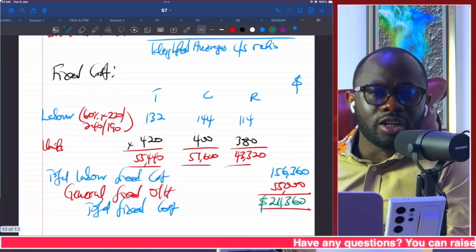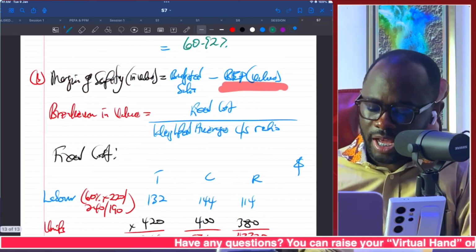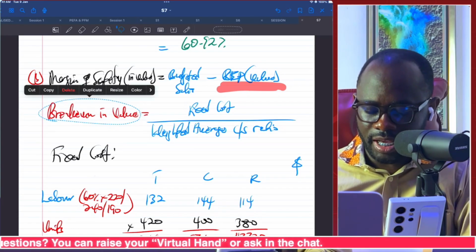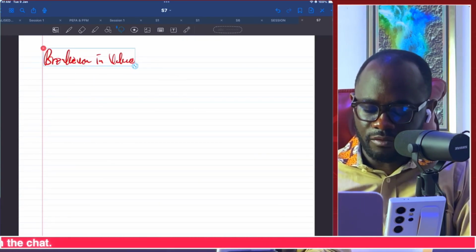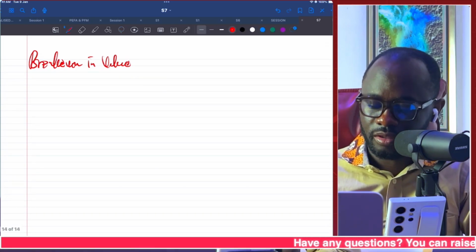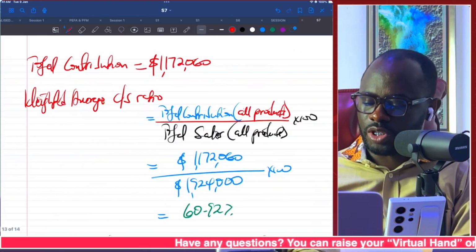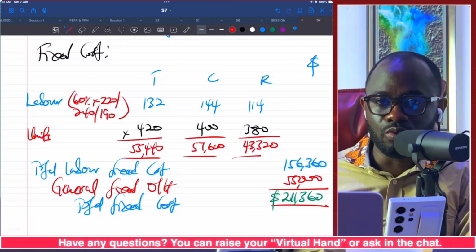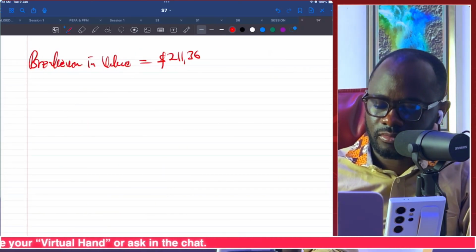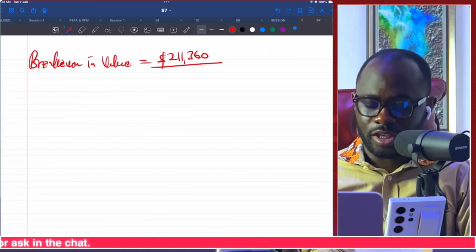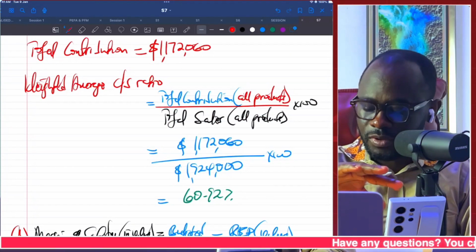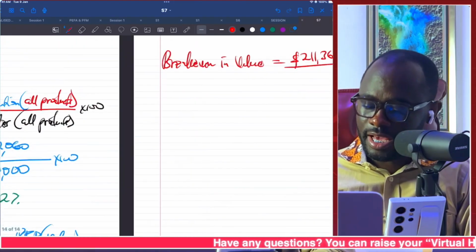So now that we have our total fixed cost, we can now calculate the break-even point in value for the company as a whole. So break-even point in value is going to be your fixed cost, which we had here, 211,360, divided by your weighted average contribution to sales ratio, which was from the A aspect of the question, 60.92%.